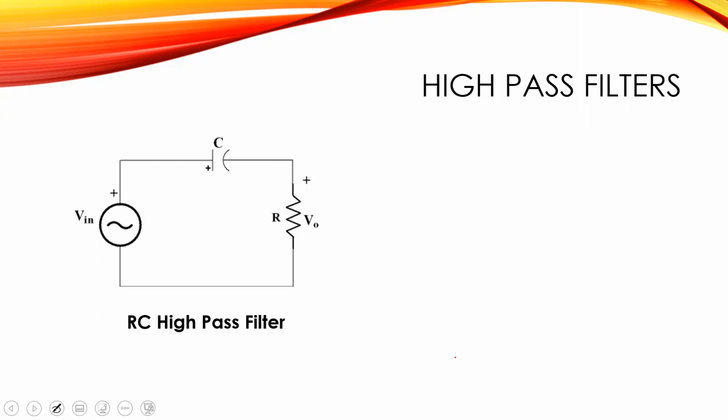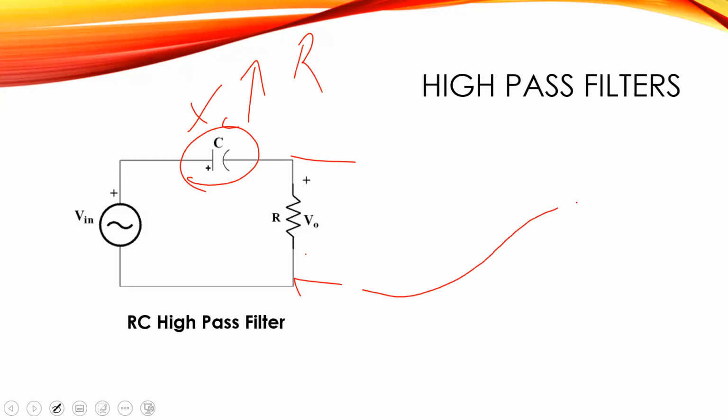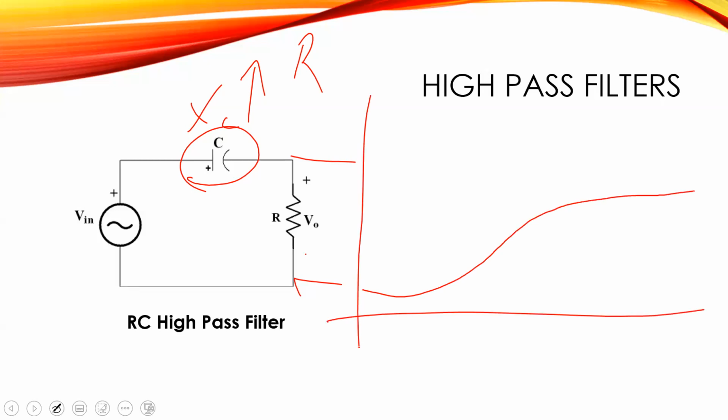If we do a similar analysis, at the lower frequencies XC would be larger than R, and so you would get more of the input voltage across C. So you'd see less across R, and we'd start out low, but of course it will increase. So that then is your high pass filter. It would pass the higher frequencies, but block the lower frequencies.